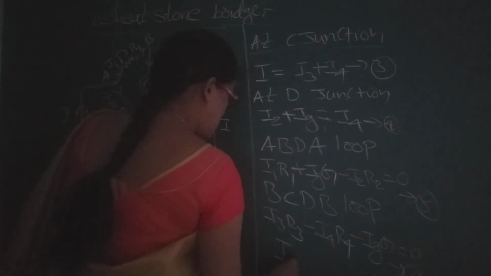To balance the Wheatstone bridge, the galvanometer current Ig is 0. If Ig is 0, we can balance the Wheatstone bridge.